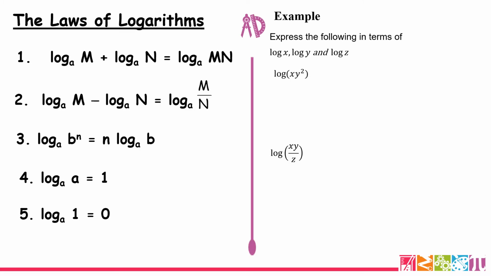The laws of logarithm. Here we have 5 laws of logarithm. Example, express the following in terms of log x, log y, and log z. Log x y squared. Refer to law number 1.